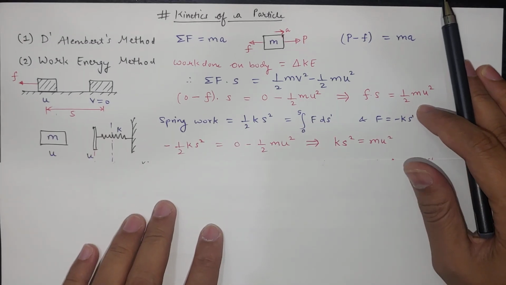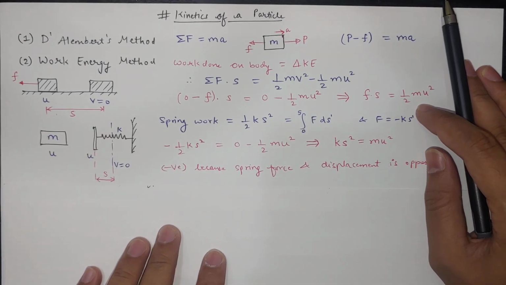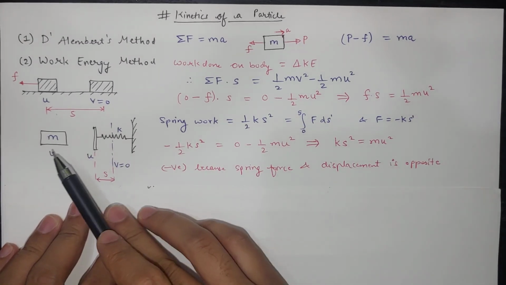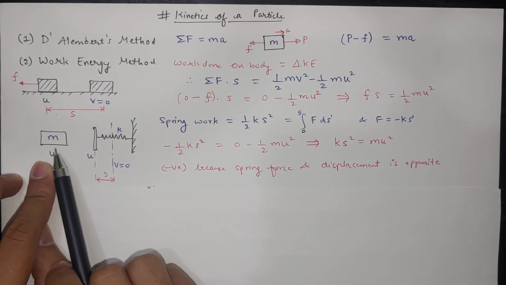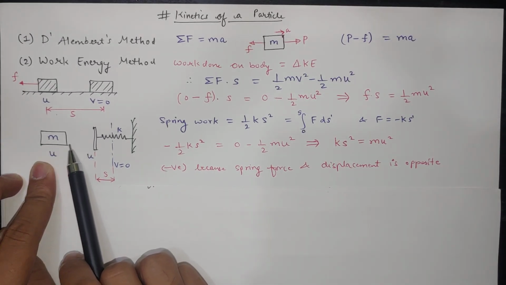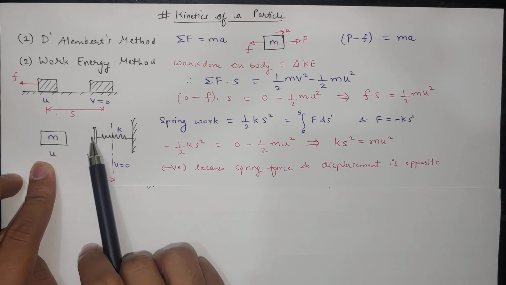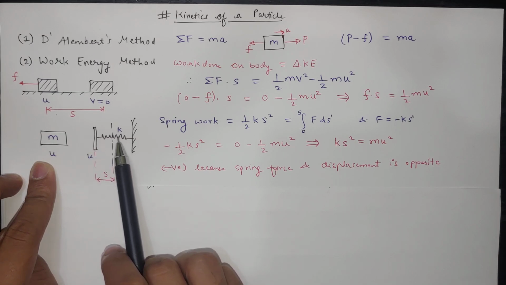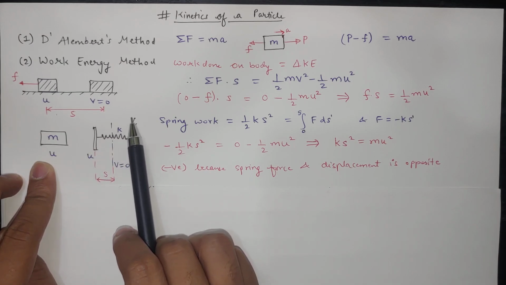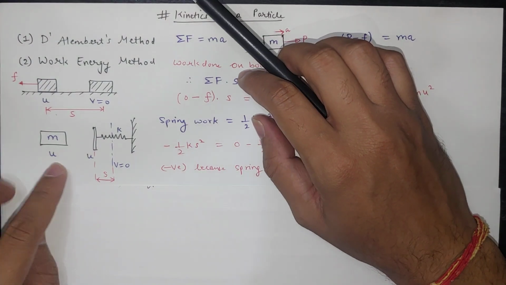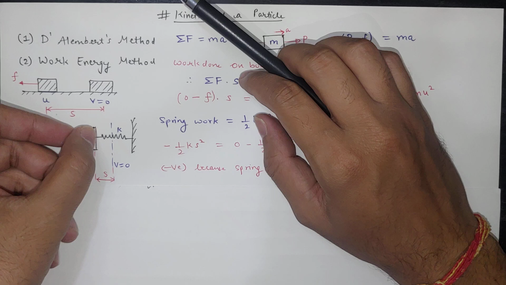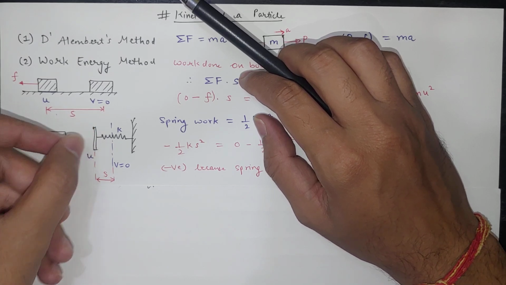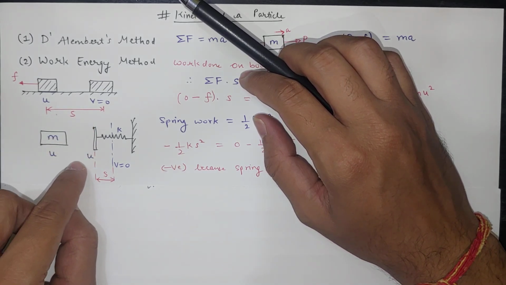One more example: if a mass is having velocity u and there is no force acting, it will continue to have that velocity until it reaches a plate which is connected to a spring, and this spring is connected to the wall. Until the point where it touches this plate, no force is acting, so the velocity will remain constant.